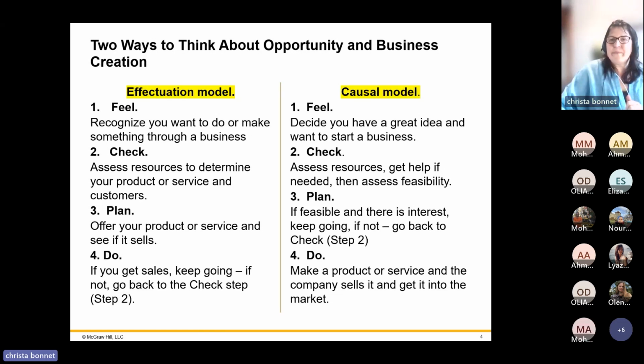Olena? Yes, I consider that the effectuation model is about the existing business and about updating already existing opportunities, suggesting certain development for the next level, while the causal model is about developing a sort of startup, a new business.